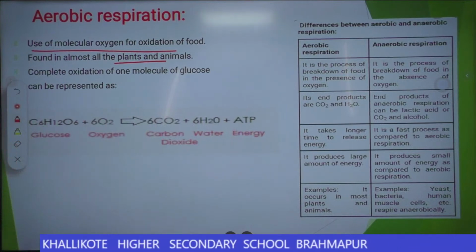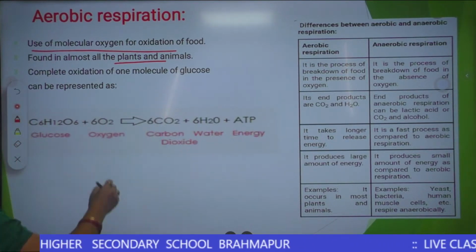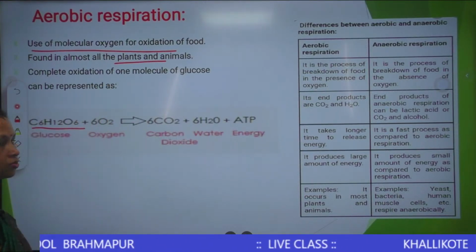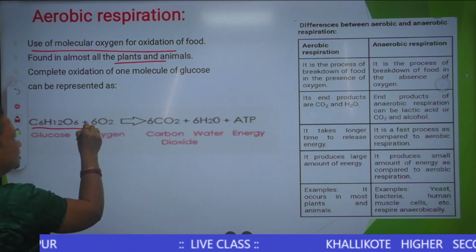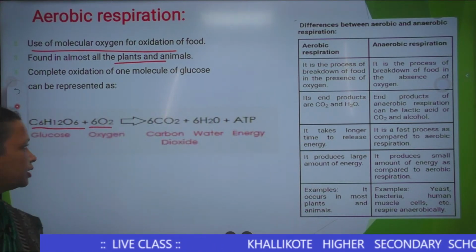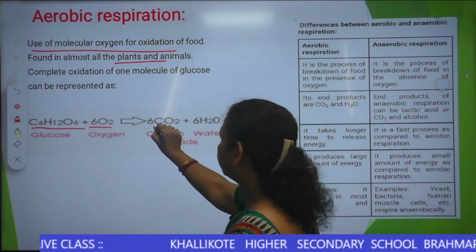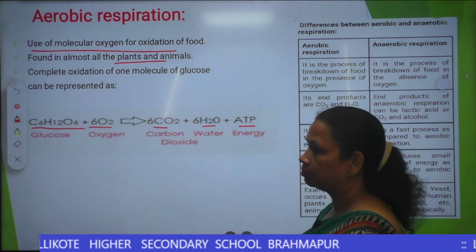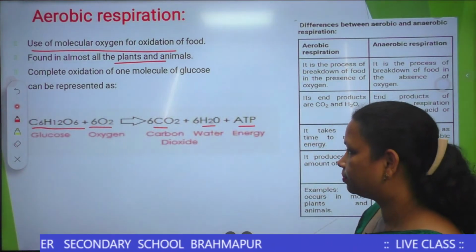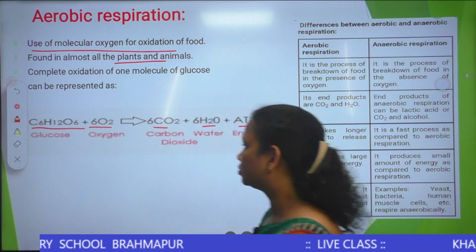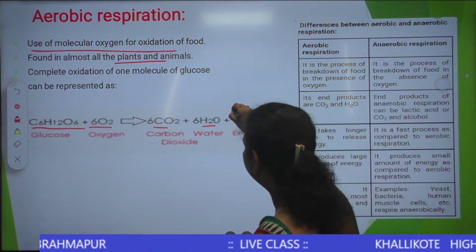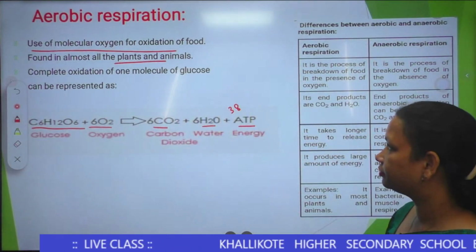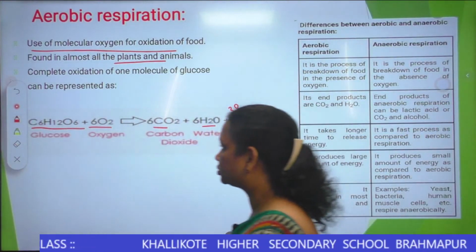So complete oxidation of one molecule of glucose can be represented as C6H12O6 plus 6 molecules of oxygen, giving rise to 6 carbon dioxide, 6 water molecules and ATP molecules. So whenever there is complete oxidation of glucose, we can achieve 38 molecules of ATP if there is aerobic respiration.